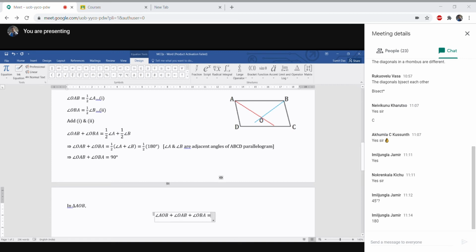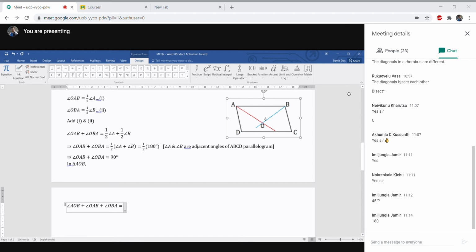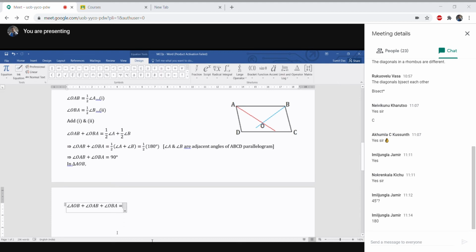I'm moving this one a little bit down. I hope it is visible. In triangle AOB, I'm asking AOB, this angle plus OAB, this angle plus OBA. That means sum of all angles in a triangle. That is equal to 180 degree.